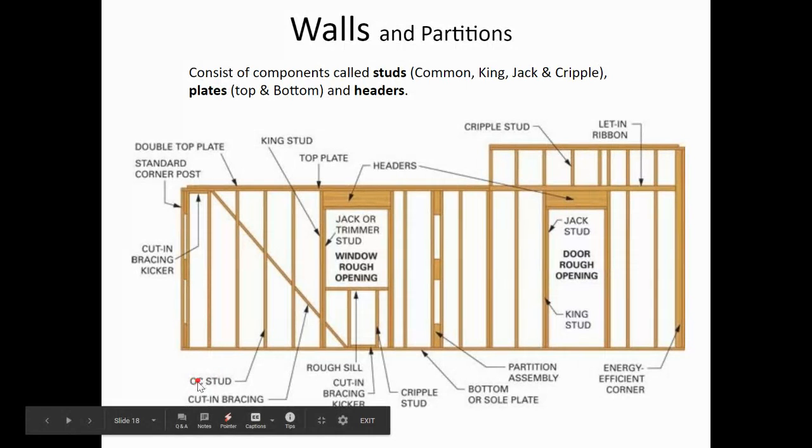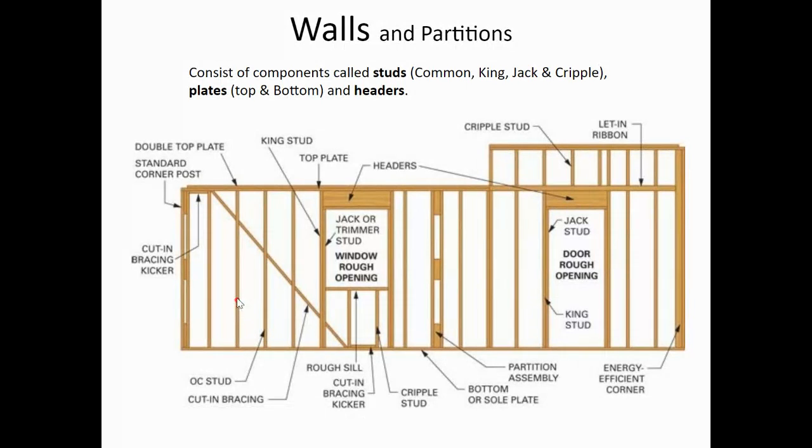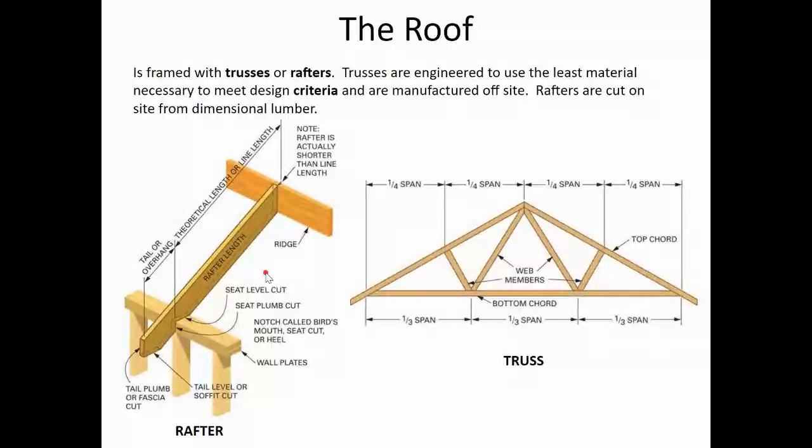They call them OC studs, on center. It means from the center of this stud to the center of this stud is going to be 16 inches. And then from the center of this stud to the center of this stud is going to be 16 inches. And that kind of goes back to our modular construction. So now we know girders, we know joists, we know studs.